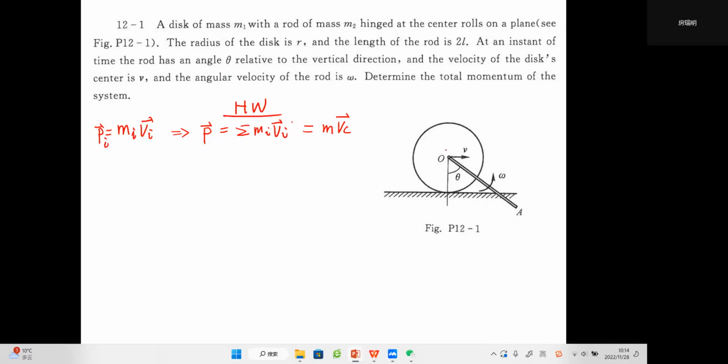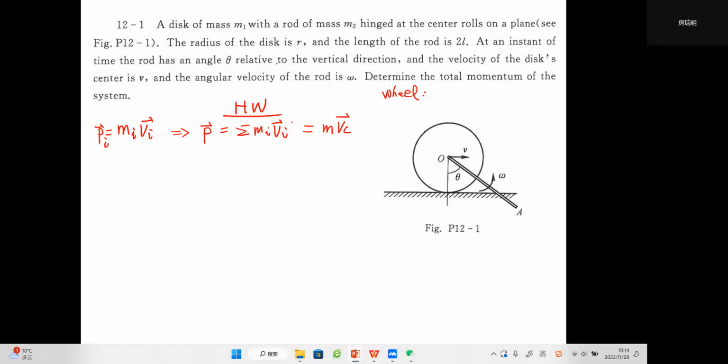So back to this problem, we try to determine the total momentum of the system, but we find this figure is a system of bodies, right? It's a system with two bodies actually. The one is the wheel. So, from the known quantities, we can find the radius.